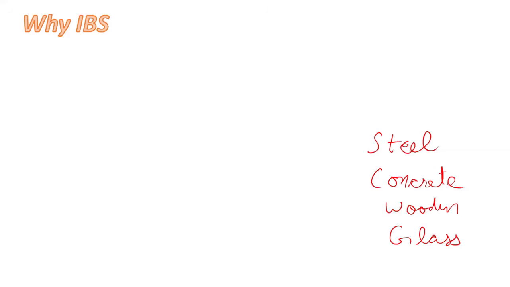Again, why IBS? As you know, modern environments such as commercial buildings and sports venues often require excellent coverage and capacity. But we have various kinds of barriers inside the building. You may have various kinds of walls: steel walls, concrete walls, wooden walls, glass walls, and furniture inside the building, right?